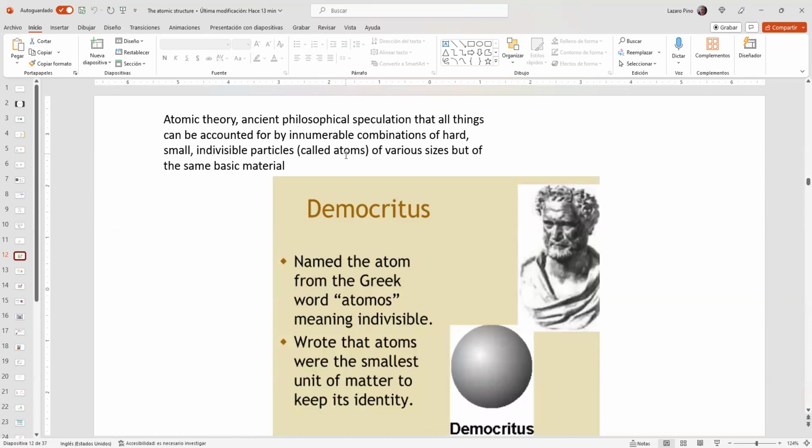He said that they cannot be divided, and they are hard and small, and he represented this like a circle. And he said that we can identify different types of matter by the type of atom that makes this type of matter.